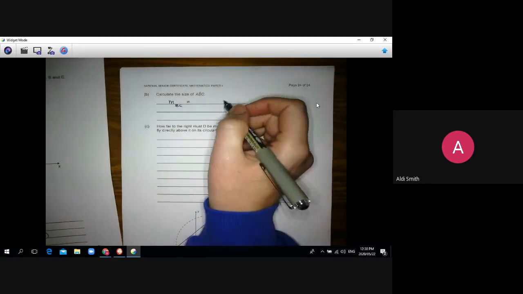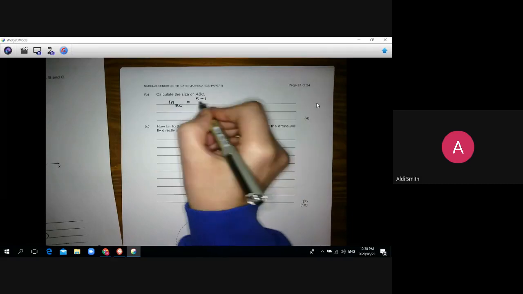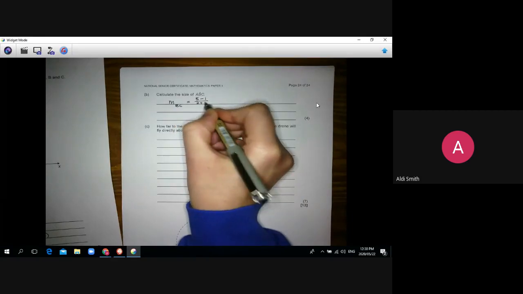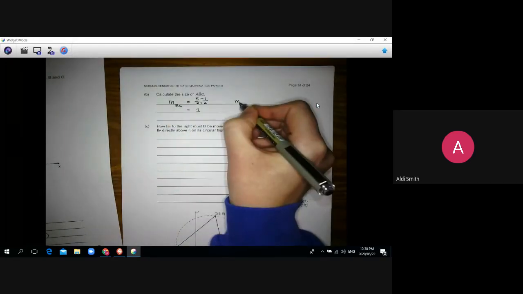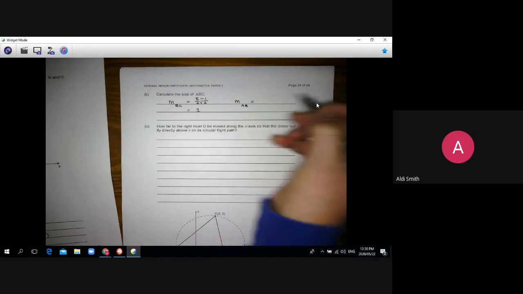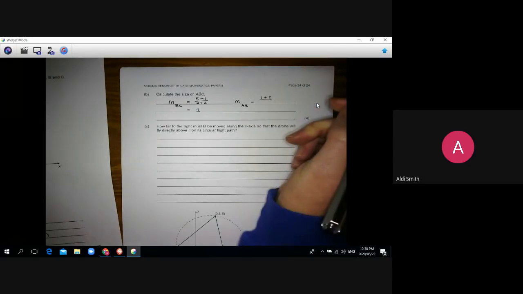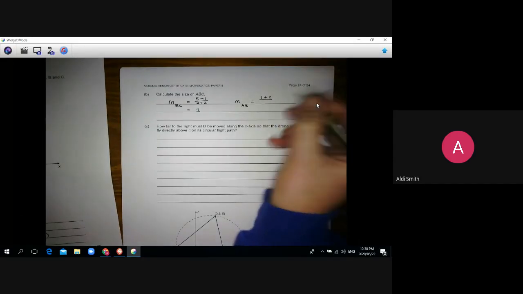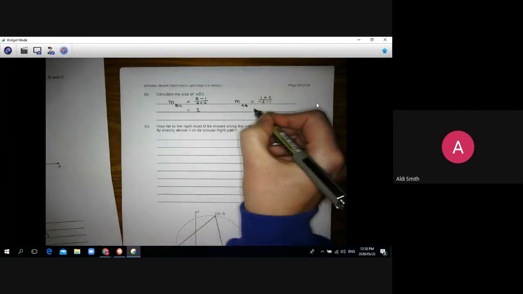So for BC, we've got 5 minus 1 over 2 plus 2, which is then going to be 4 over 4, so the gradient of BC is 1. Then for the gradient of AB, we've got 1 plus 2 over minus 2 minus 1, which is going to be 3 over negative 3, so that's going to be negative 1.